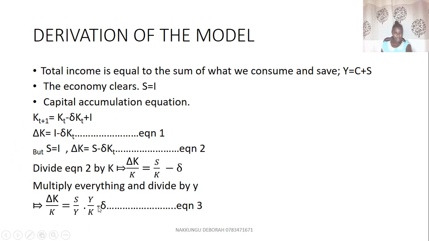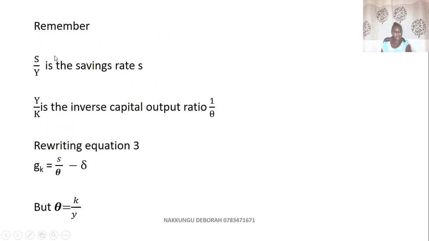So change in K over K is the growth rate of capital, and I say let us represent it with g_K, the growth rate of capital, being equal to, as we said, a small s times 1 over theta, which gave us s over theta minus sigma. This equation says the growth rate of capital is equal to the savings rate divided by the capital output ratio minus our rate of depreciation.